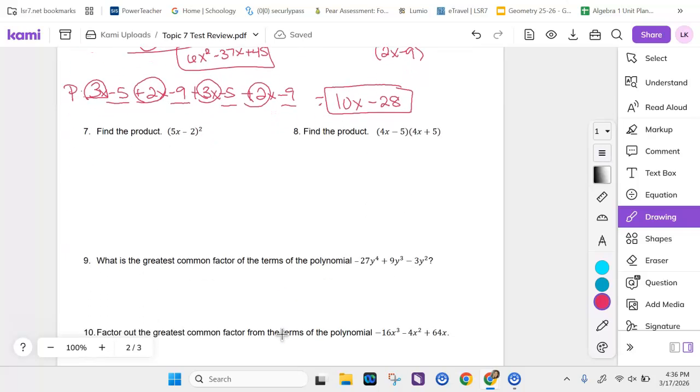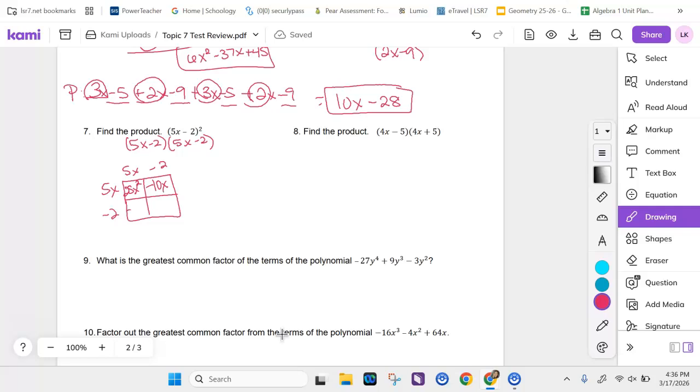Find the product. 5x minus 2 squared. All that's saying is 5x minus 2 times 5x minus 2. If I did the box method, I would have 5x minus 2, 5x minus 2. 5x times 5x is 25x squared. 5x times negative 2 is negative 10x.